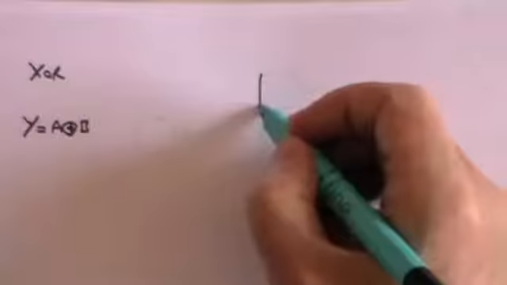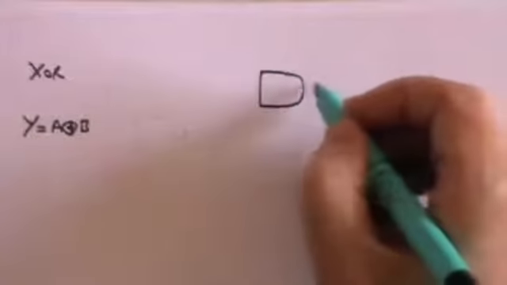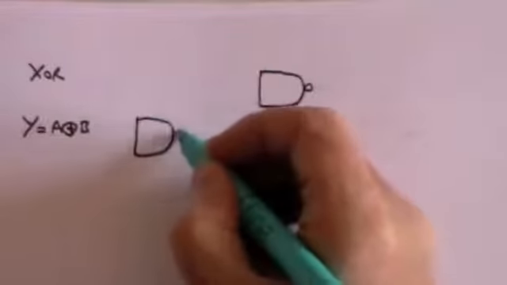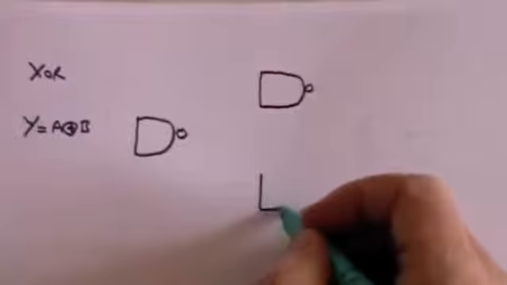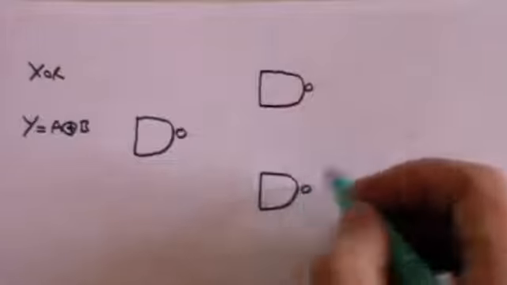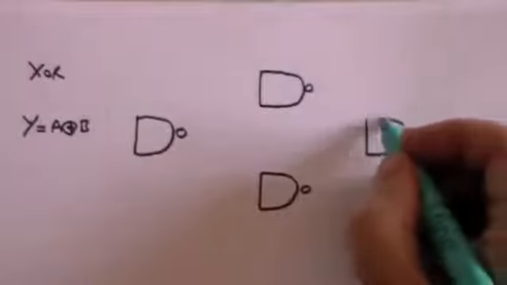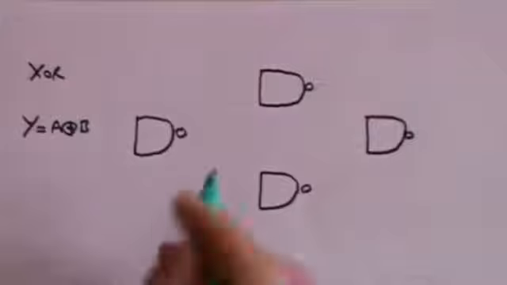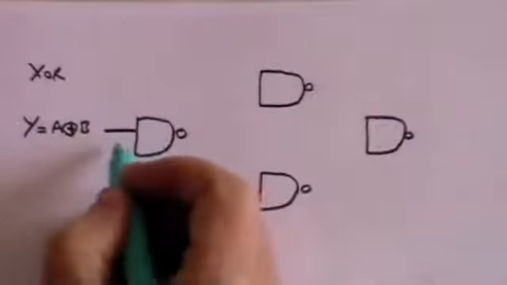So let me draw my 4 NAND gates. 1, 2, 3, 4. And we're going to connect them this way. Here is the input.